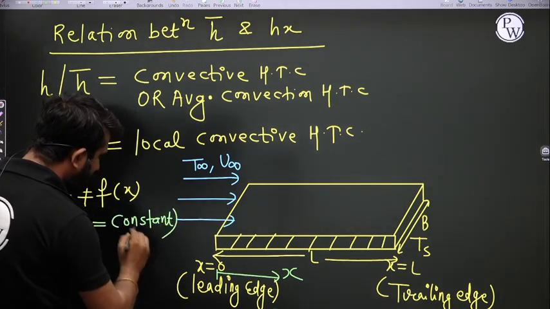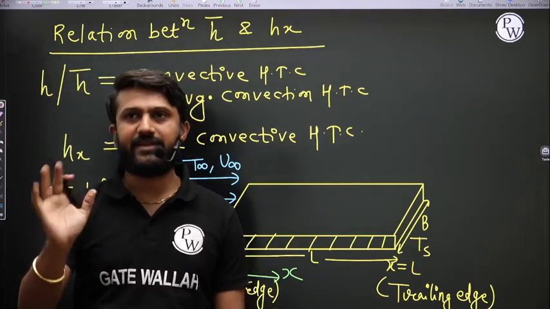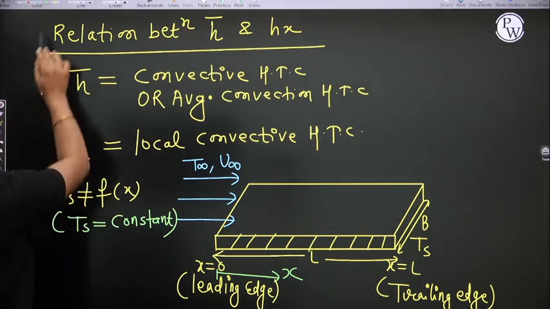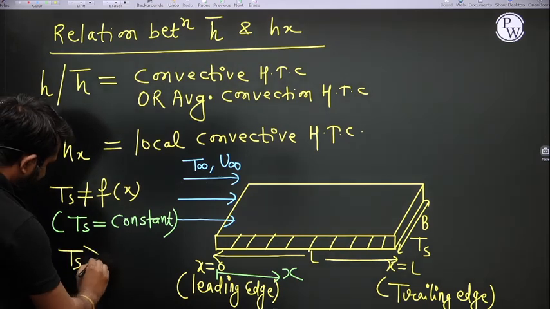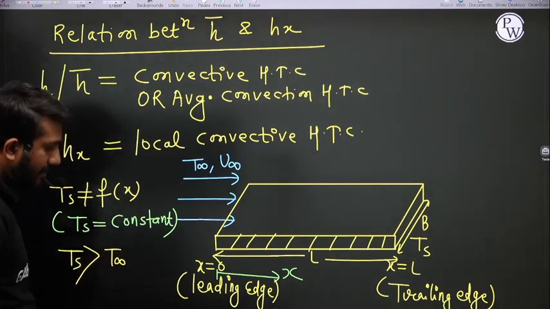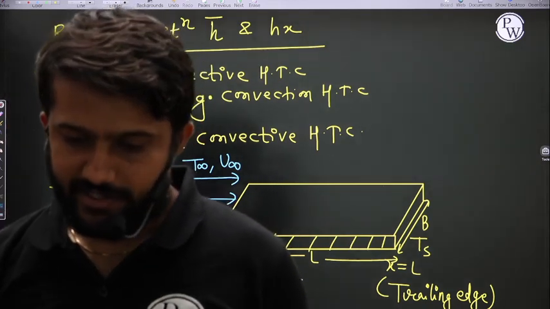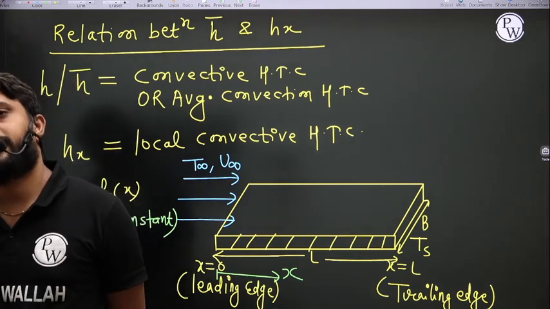At any x you will find the same temperature of the plate. So Ts is not a function of x, that is the first thing. And second, the important thing is Ts, the surface temperature, is greater than T infinity. So that is the second assumption.